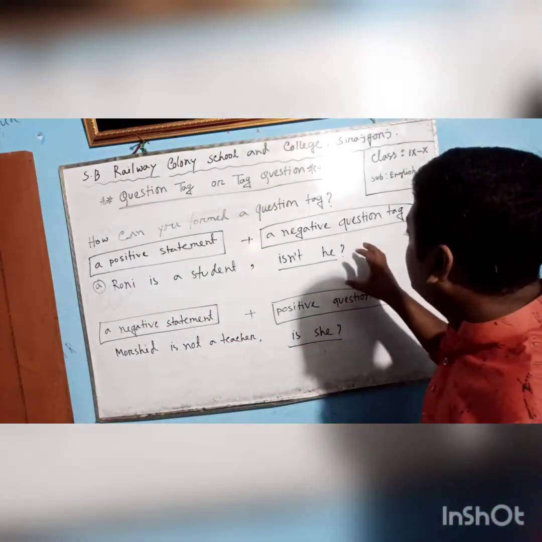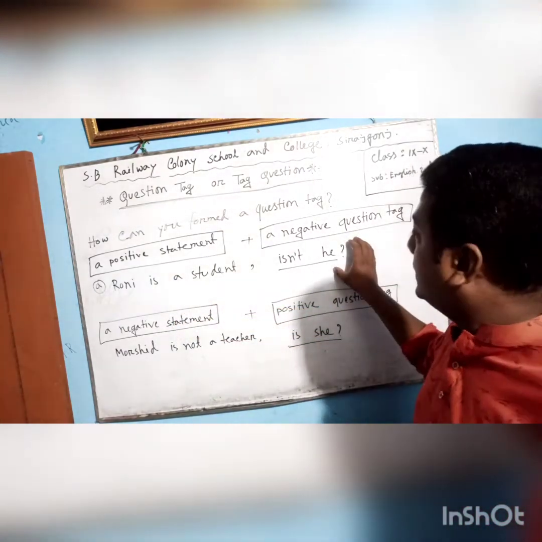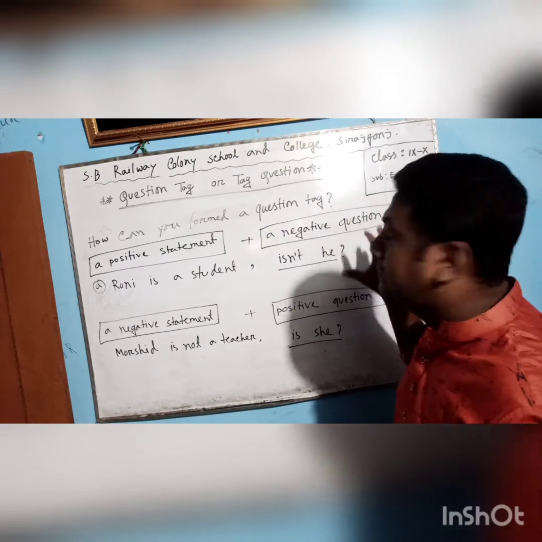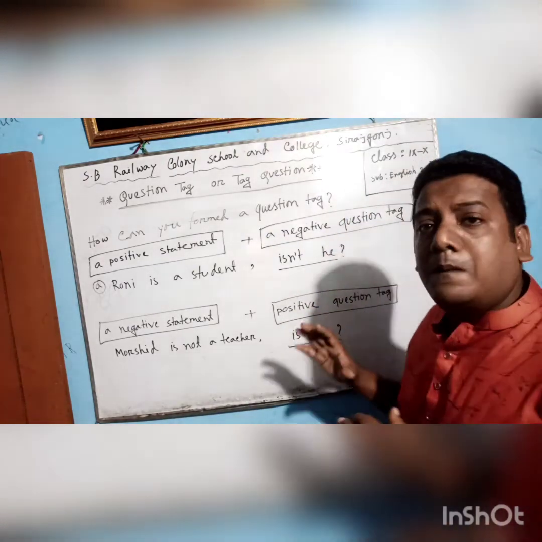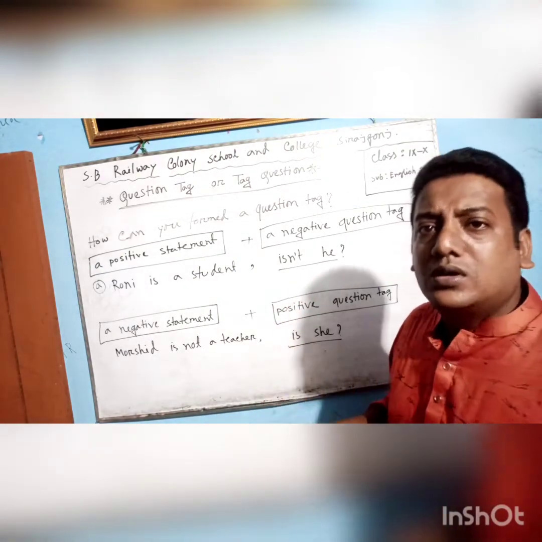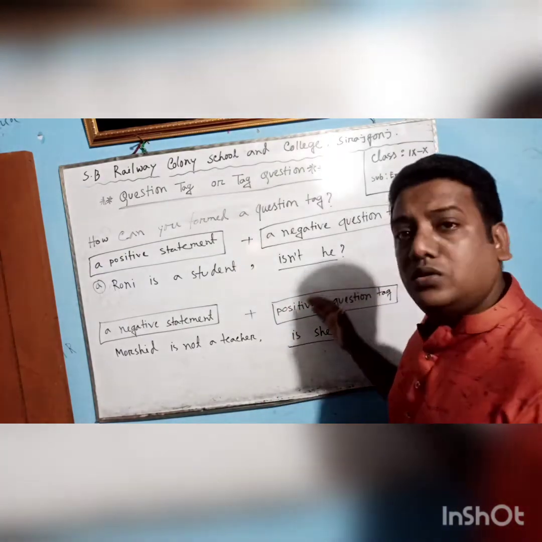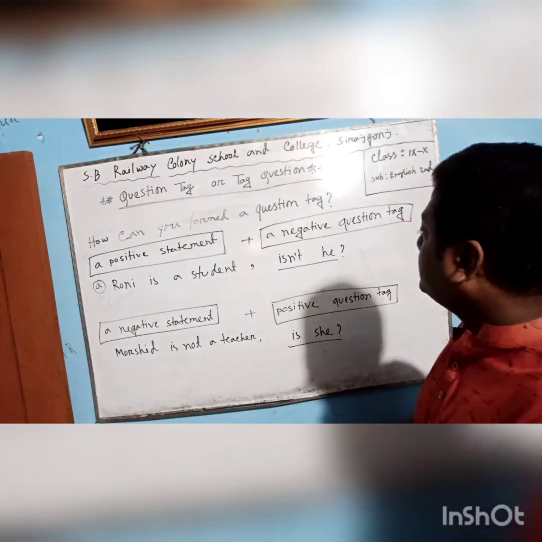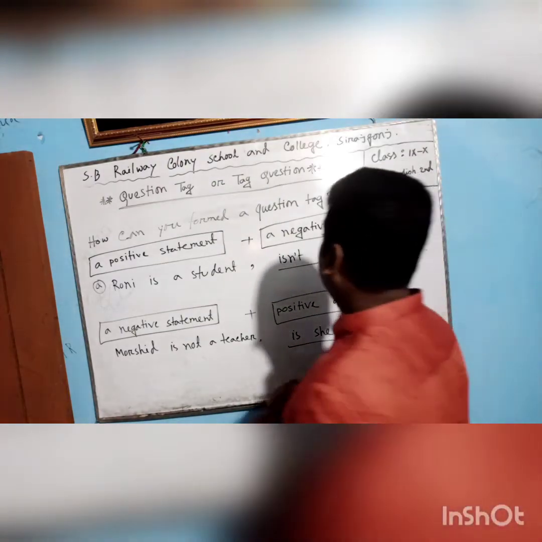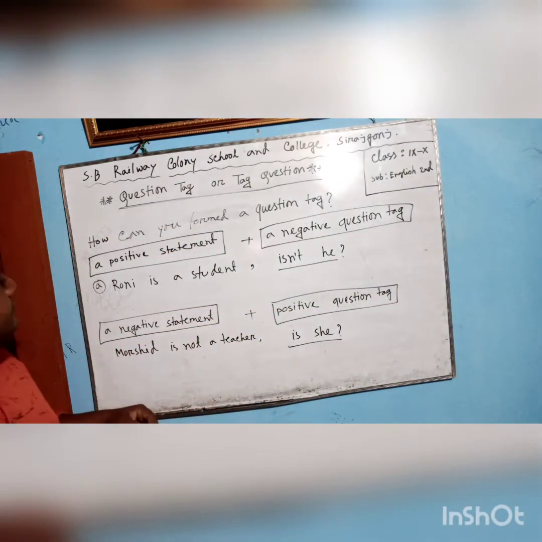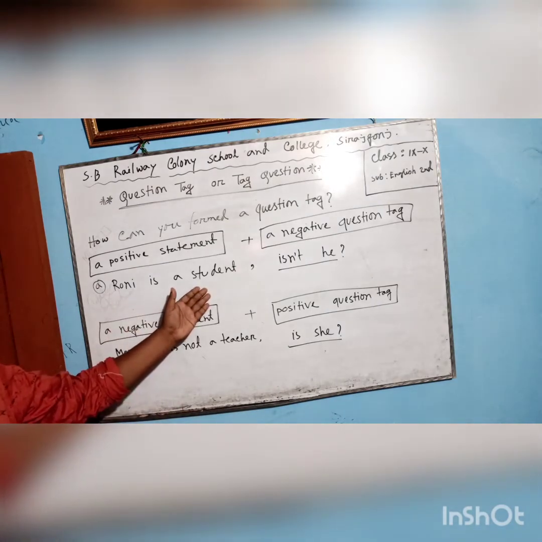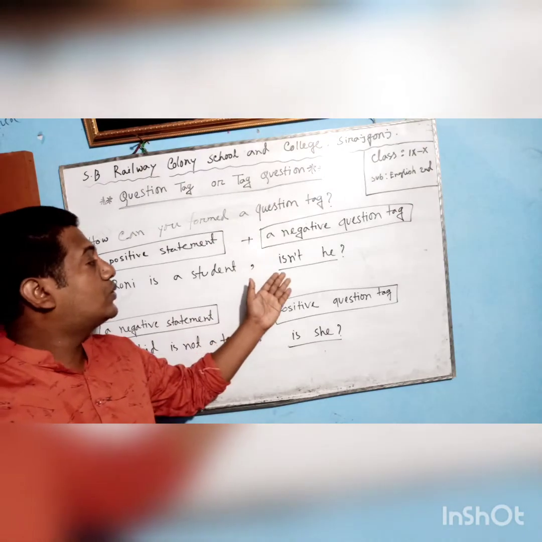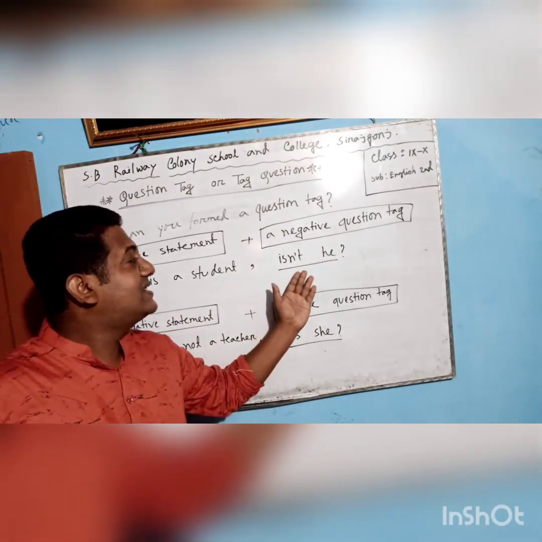We do not use Ronnie here. That means in the tag question part we do not use any kinds of noun. Rather we use pronoun. Ronnie is a student, and our question tag is isn't he.